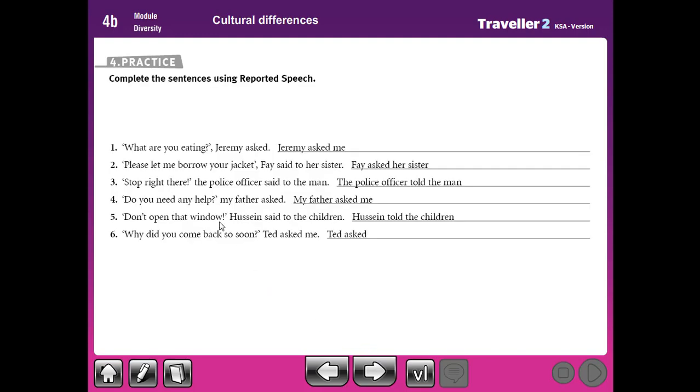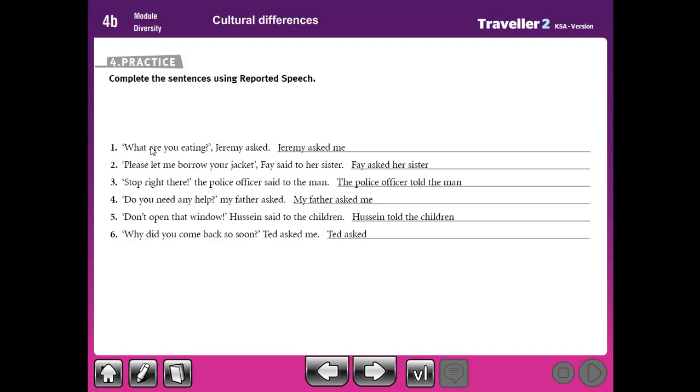Now to the practice on page 51 of the Student Book. What are you eating? Jeremy asked. So Jeremy asked me. That's very good. Do we use what here, or do we replace it with if? We use the same WH question word. What here, no change.